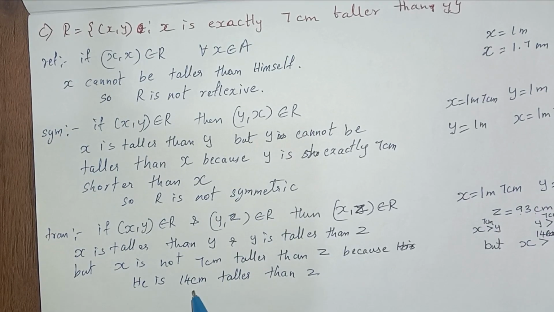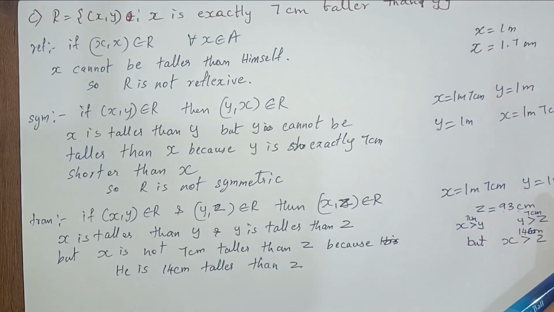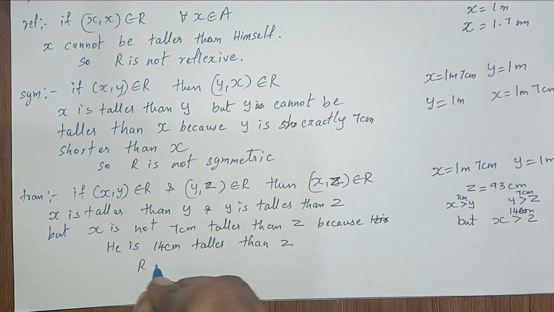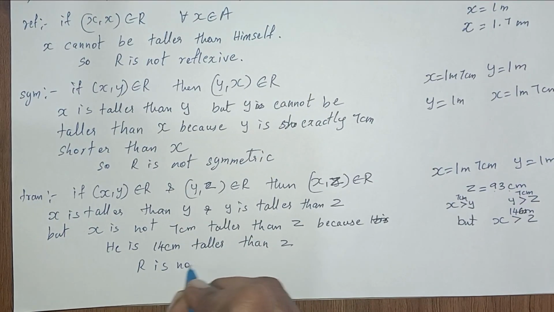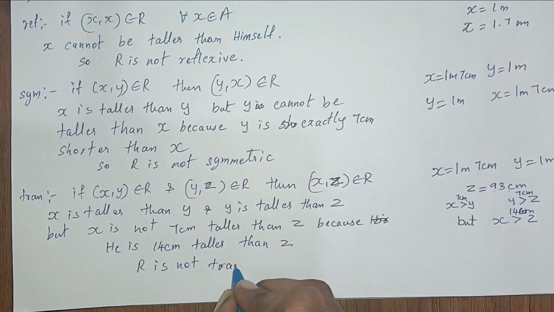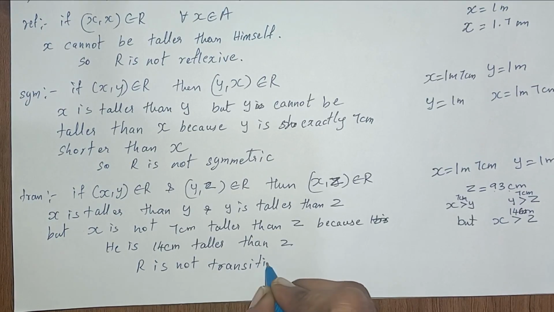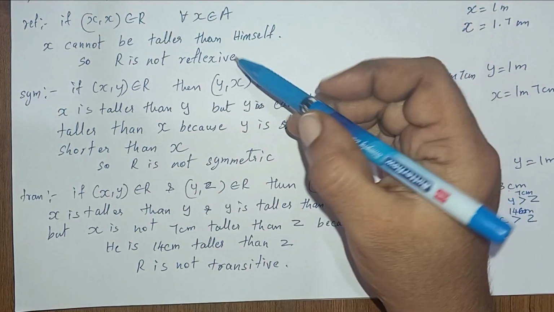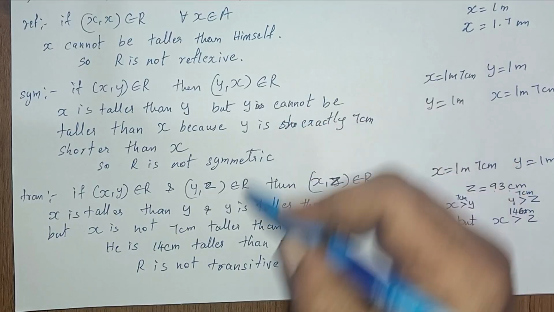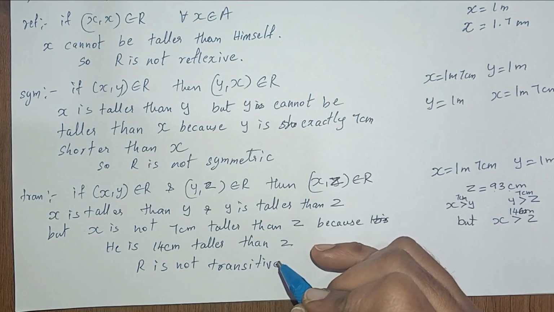It should be 7 centimeters. So R is not transitive. Here we have proved it is not reflexive, not symmetric, and not even transitive.